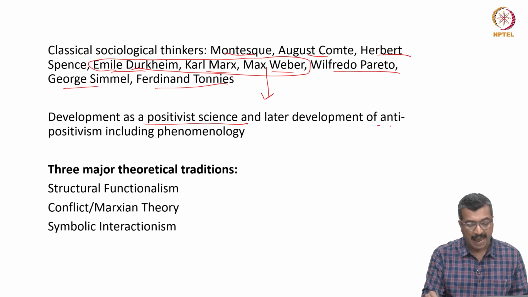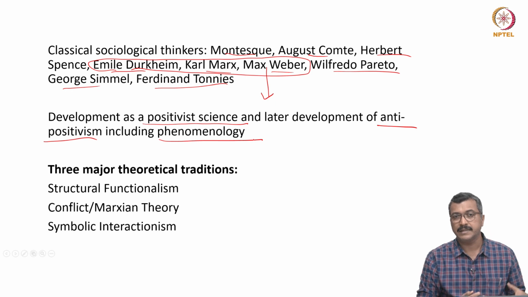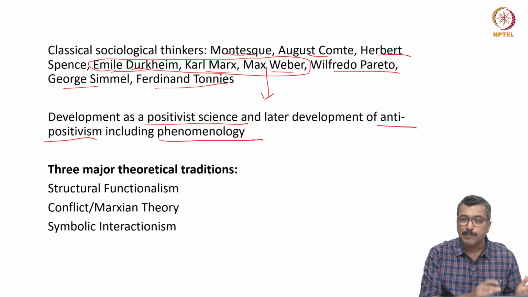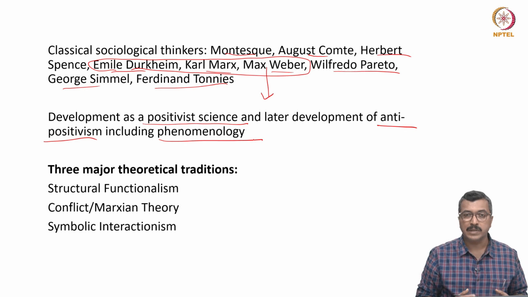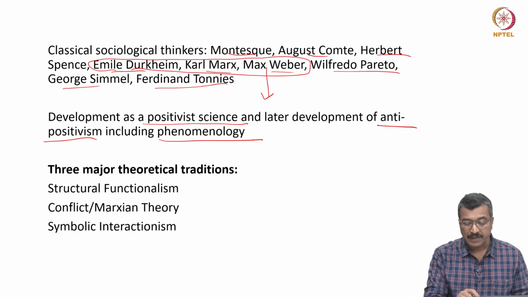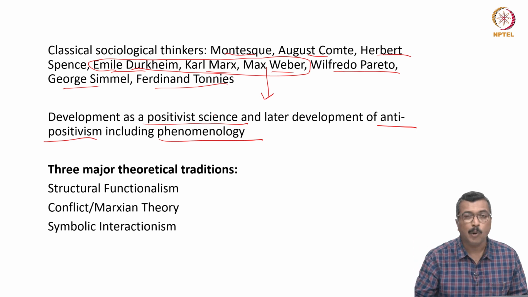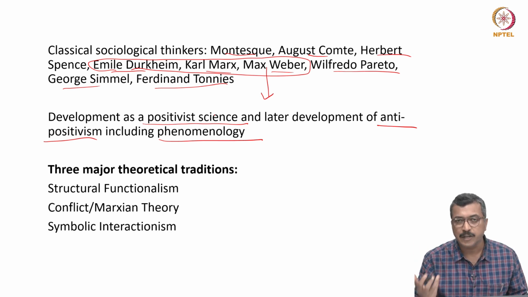So there is an anti-positivist and phenomenological turn in the subsequent sociological theorization. This is an anti-positivist turn, where the theory as well as the methodology does not believe in the so-called scientific or positivist understanding that there's an objective reality out there, but rather it believes in a constructivist knowledge.